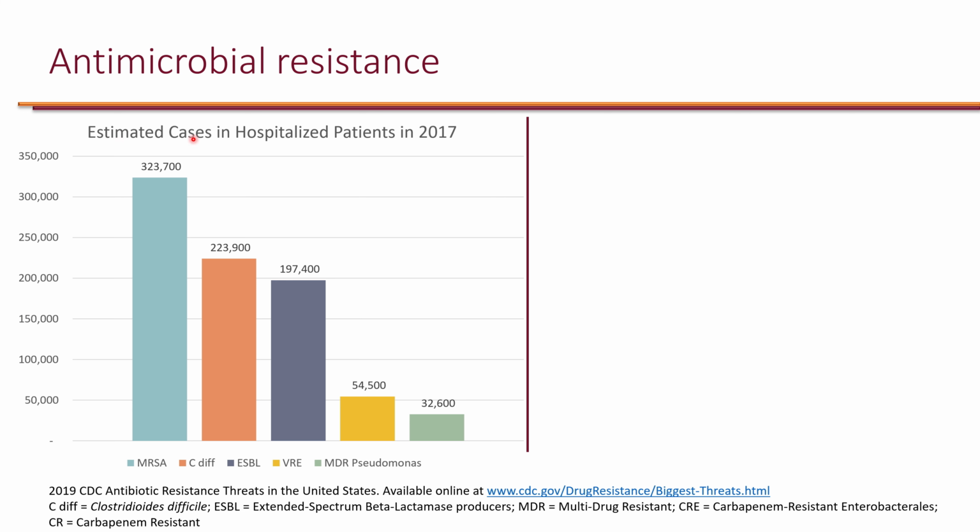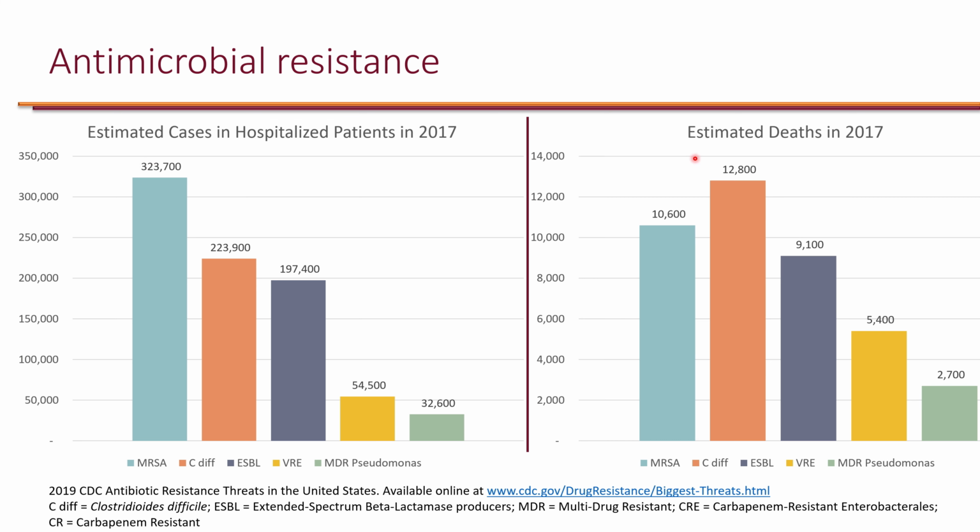So estimated cases in hospitalized patients in 2017 was over 300,000 cases, whereas C. diff was about 223,000. ESBL is 197,000. So you compare to other bad organisms, MRSA is pretty much more common.